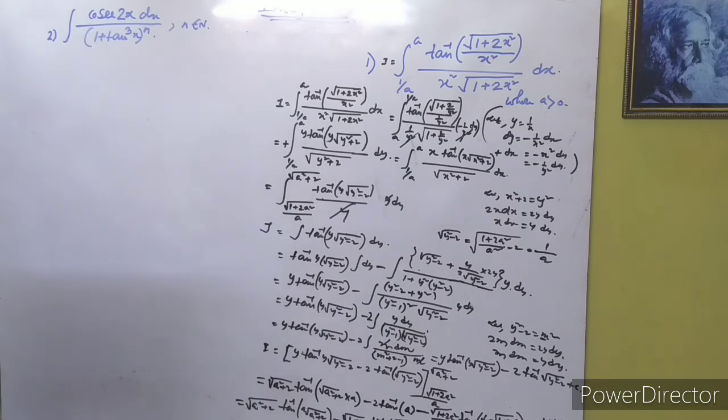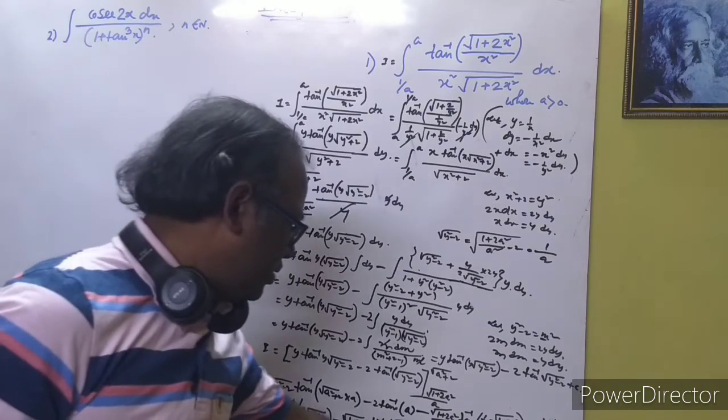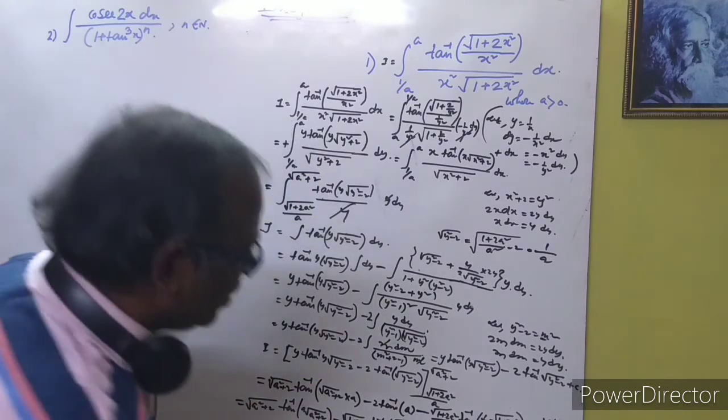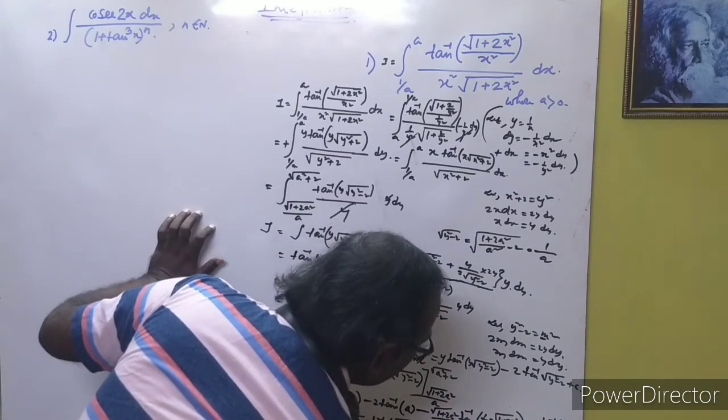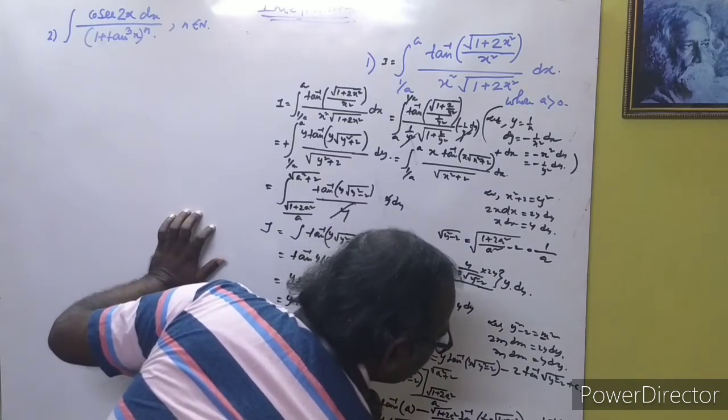So this is your answer, and we can add this 2 into tan inverse a. Then these are easy here.